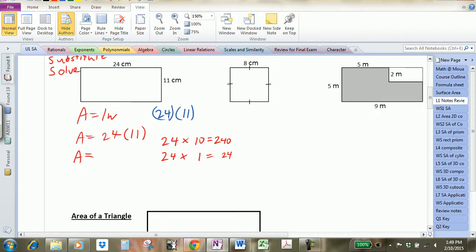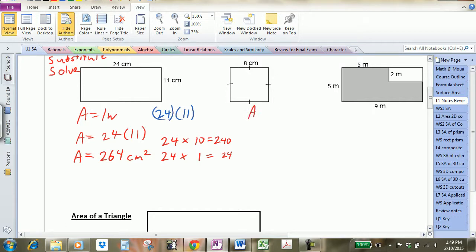Okay, so breaking things apart for multiplication is a very important skill. It helps you understand and do multiplication easier. Okay? We do a little bit in grade 10. What's the final answer? 264. Good, 264. What about our units? Exactly, centimeters squared.